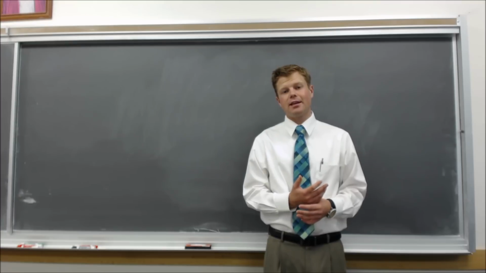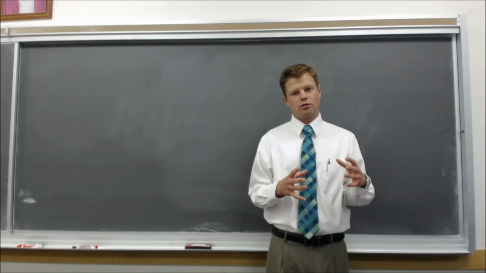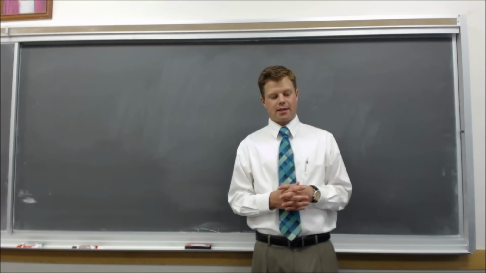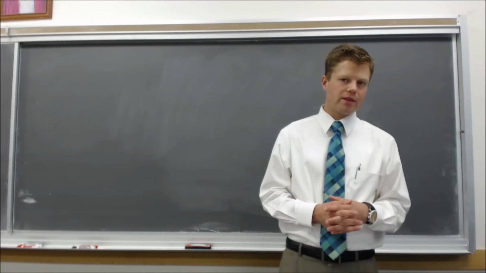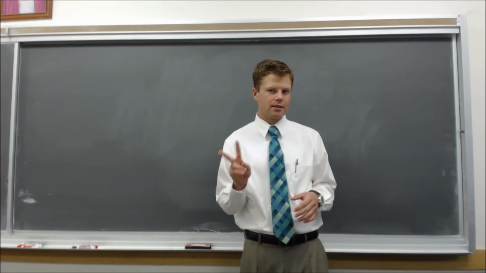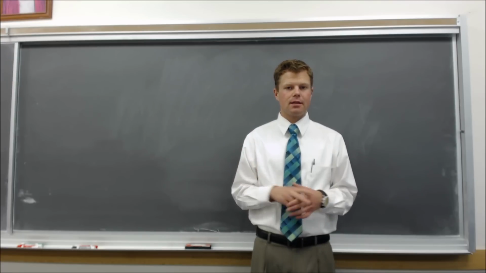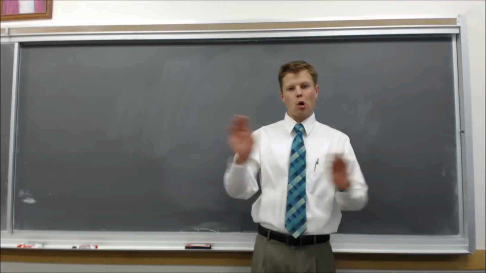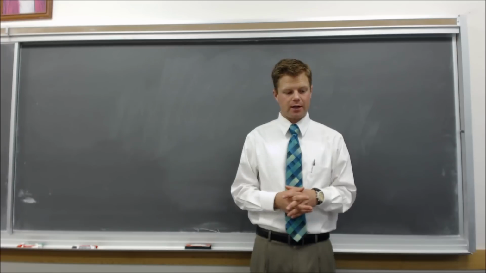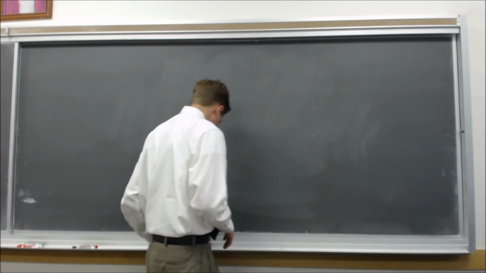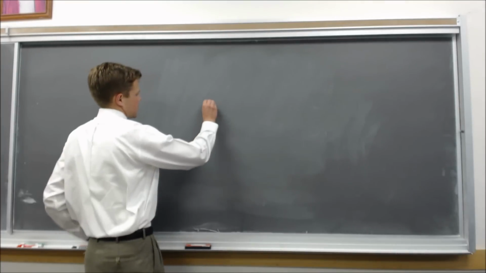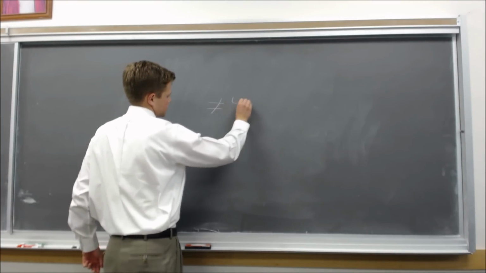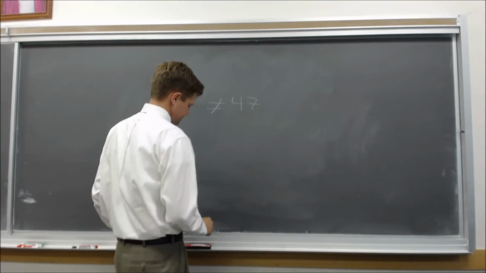We want to test to see if his age group of clients is different than the national average. Now remember, this is a two-tailed test because we are wondering about both sides. We don't care if they're younger or older, we just want to know if they're different. And so again, the two-tailed is represented by not equals 47.